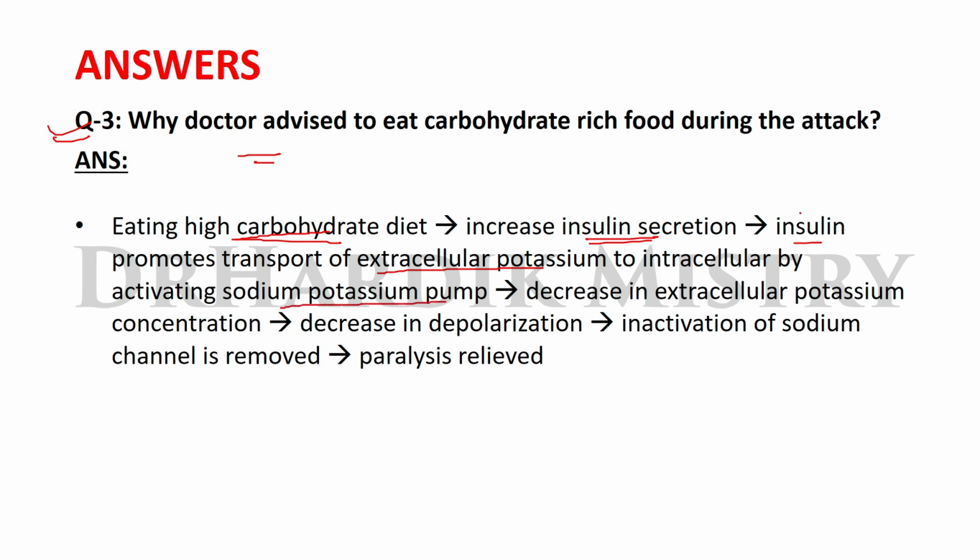It decreases the extracellular potassium concentration, so that there is a decrease in the depolarization, and due to that the inactivation of the sodium channel is removed, and the paralysis is relieved. That's why the doctor advised carbohydrate rich food during the attack.